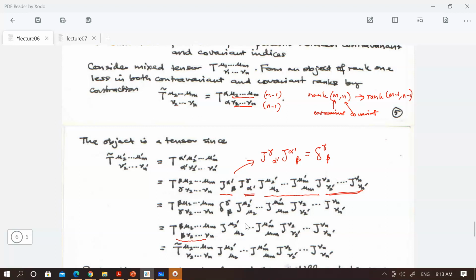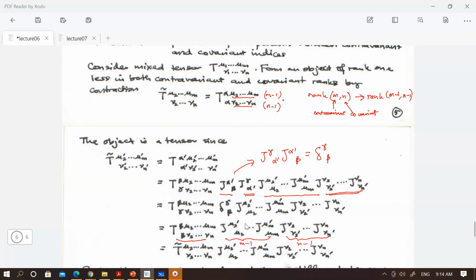So that essentially is your contracted tensor in the undashed coordinates, together with the Jacobians and inverse Jacobian. So here, this is the Jacobian. There are m minus 1 of them because it starts with mu2 dash, and then over here is n minus 1.